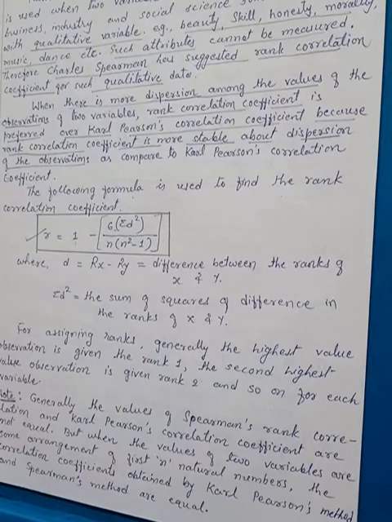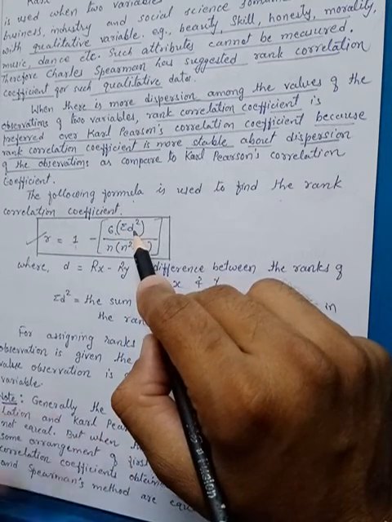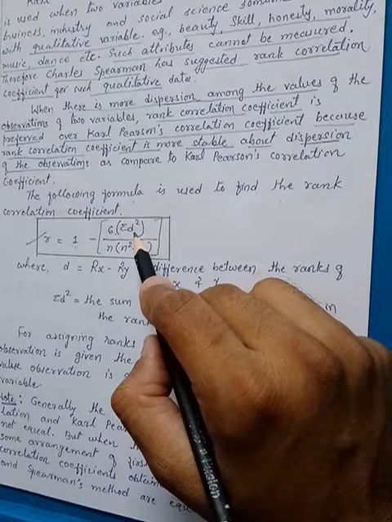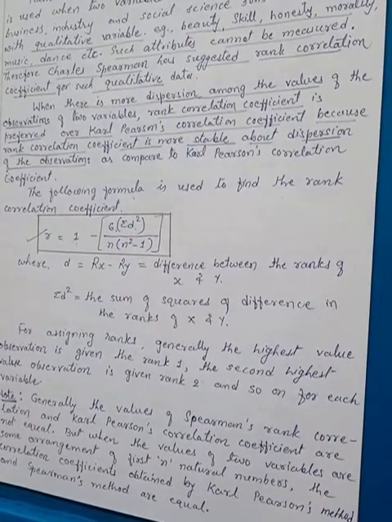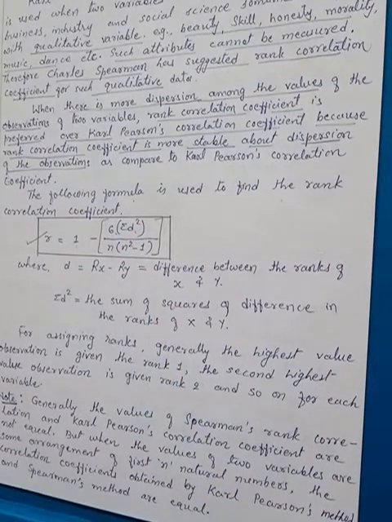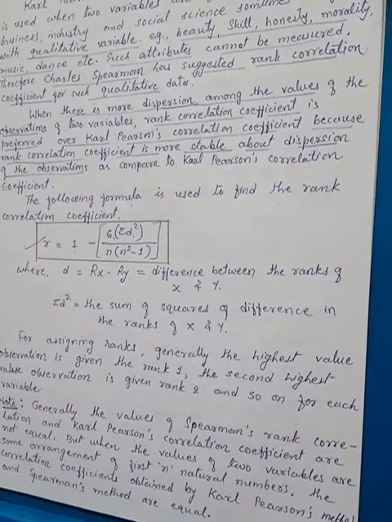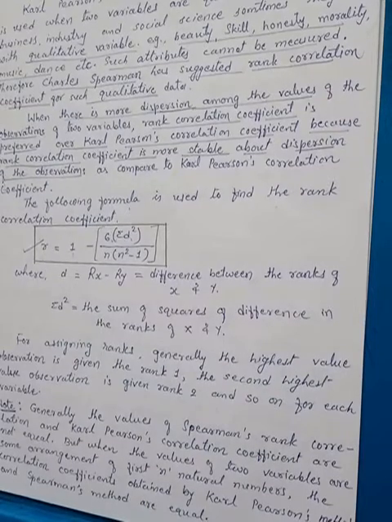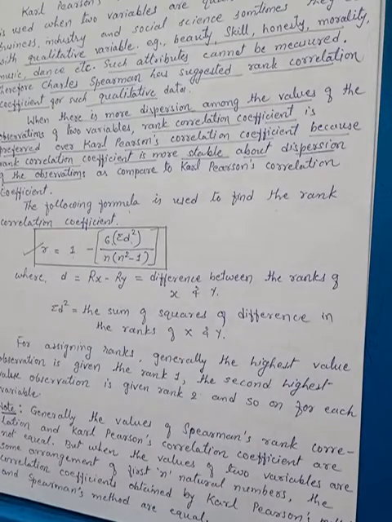Now sum of d square, where d is available, this d is actually known as a deviation, or you can write it as difference also, the difference of the ranks provided to variable x and variable y. The most important thing in this method is that the method is actually very simple, but at the same time it is somewhat confusing for us. First we are going to assign ranks to the observations of variable x and ranks to the observations of variable y.